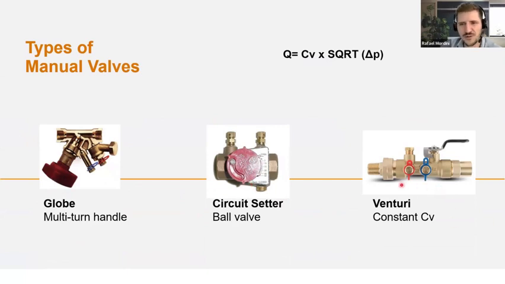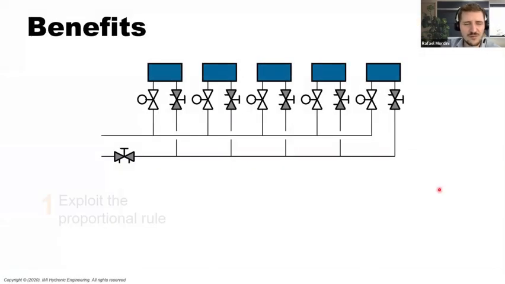And we have the Venturi one here, right? When you have a Venturi here, that gives you a good quality of measurement when you're adjusting the ball valve here. So these 3 valves, they work the same. They're static balancing valves. And this is a symbol of a balancing valve. You see the PD ports here and the hand wheel, the gray valve.